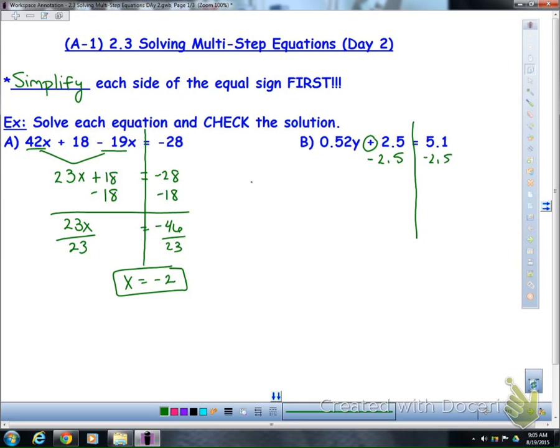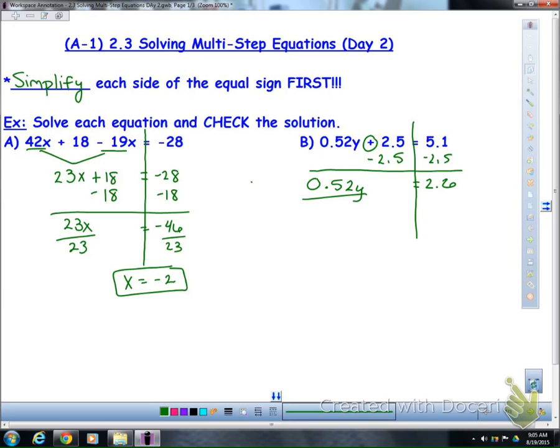So if this is a plus 2.5, we're going to do the opposite, and we're going to subtract 2.5 from both sides. Now, I told you yesterday that I really want fractions for your answers. However, there's an exception. When your question involves decimals, your answer can involve decimals. So here I have 5.1 minus 2.5, which will give me 2.6.